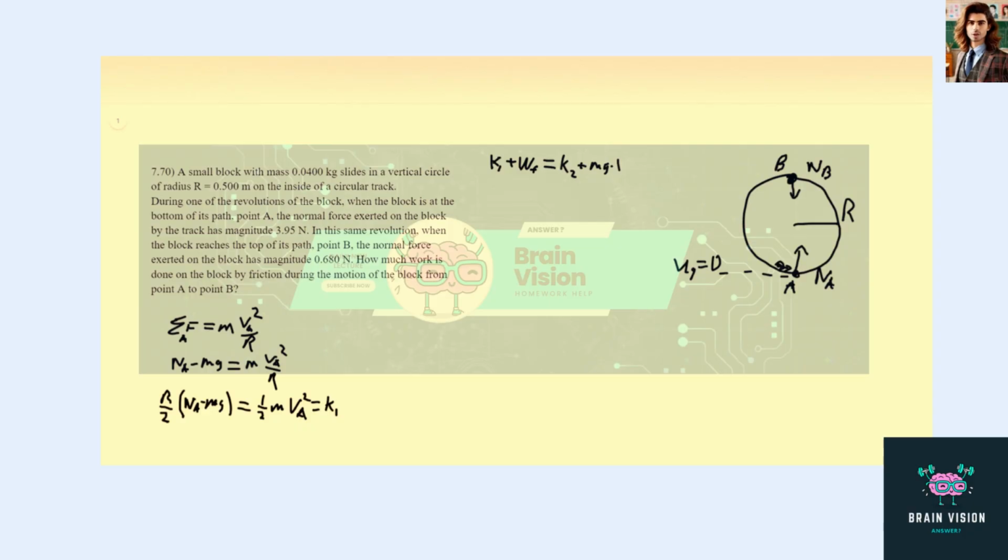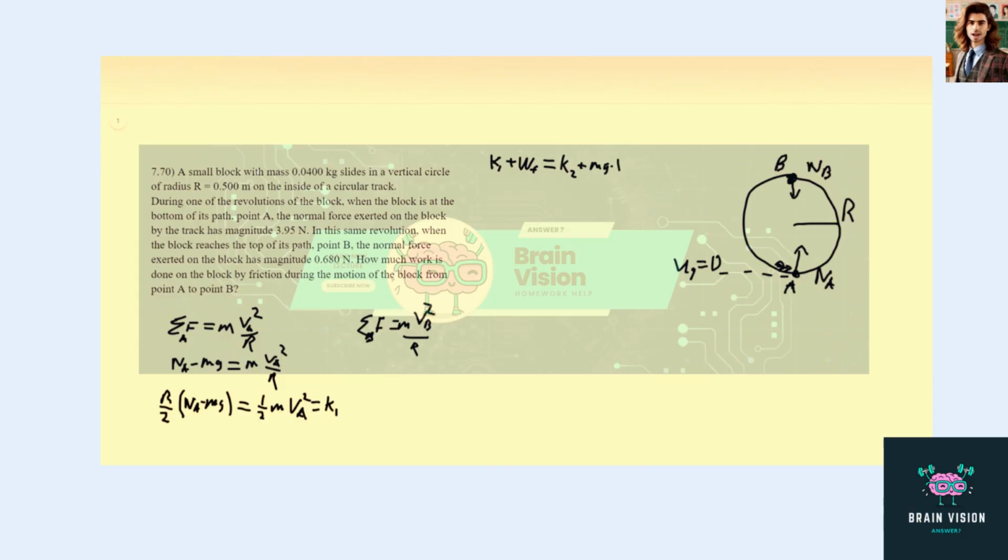Okay, and we can do the exact same thing for point B. So we can write down our sum of forces at point B is equal to mass times the velocity at B squared over r. This time, the centripetal acceleration vector is pointed down, so that's going to be positive.